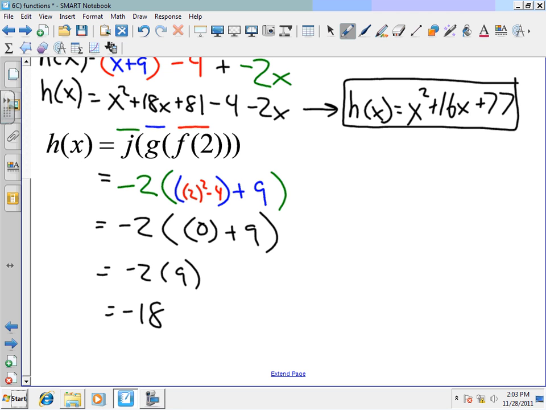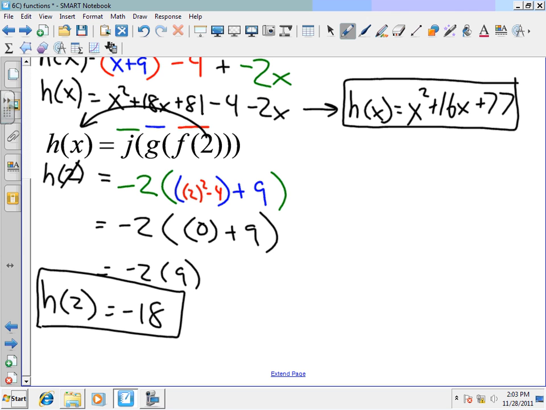So h of 2. And really, what I should do is I should put a 2 there. So that should really say h of 2. So let's change that right now and make that correction. If you're going to input something originally, there's no function of x anymore. It's just function of 2. And you put the 2 in there as well. So that's kind of what we're looking at here for function composition.